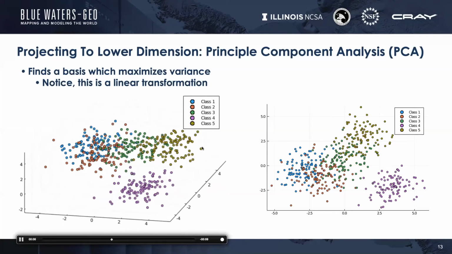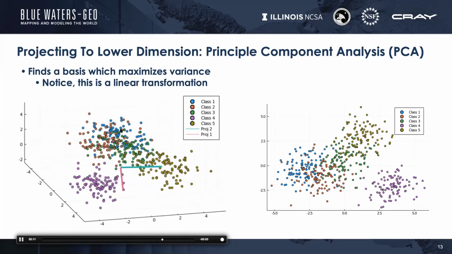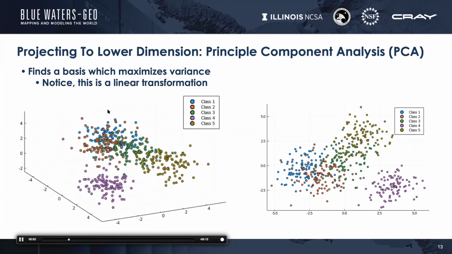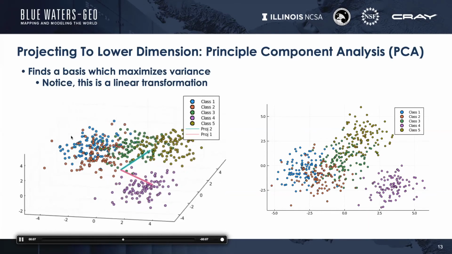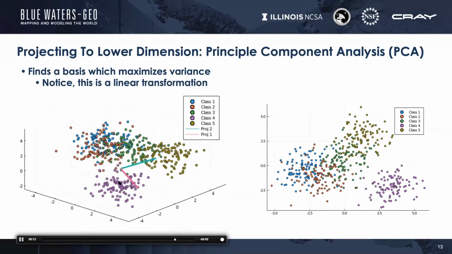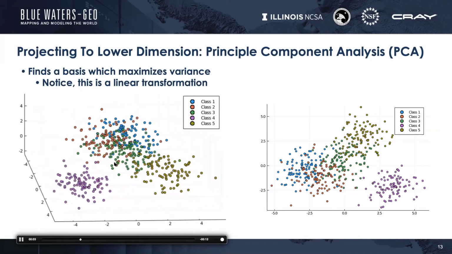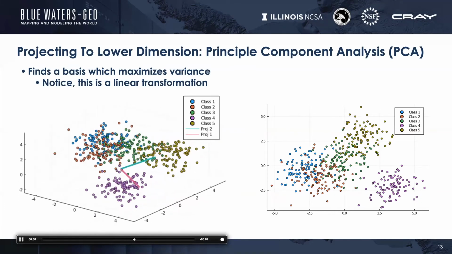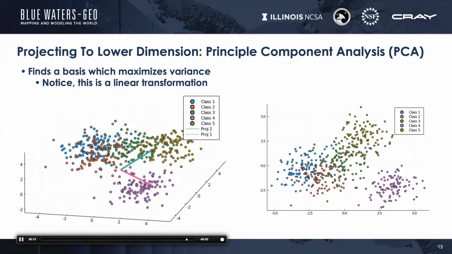So if I perform PCA on this cloud of data on the left, it's finding a basis which maximizes the variance. Or it's finding a basis in these 3 dimensions to project the data down onto in such a way that it is most spread out. The philosophy is that we are able to see that this is the basis in which we see the projection that has the most features.